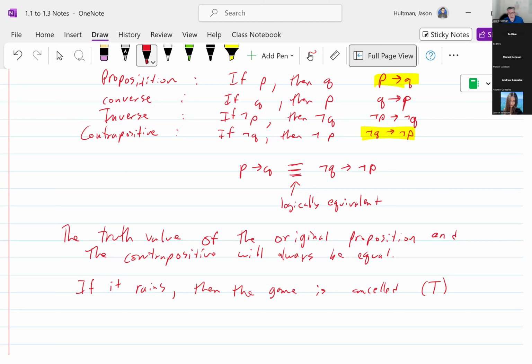Okay, what's the logical equivalent to that for the contrapositive? Help me write the contrapositive here. This is not Q implies not P. If the game is not canceled, then what?